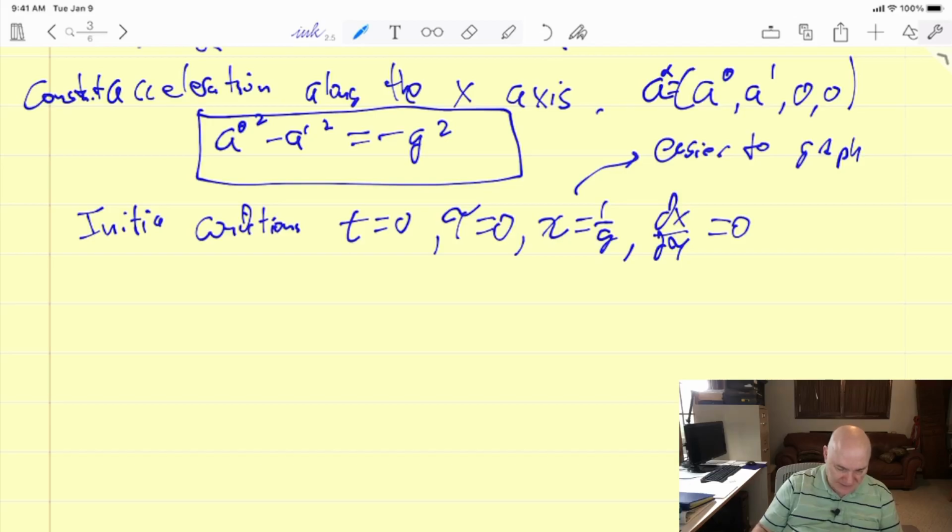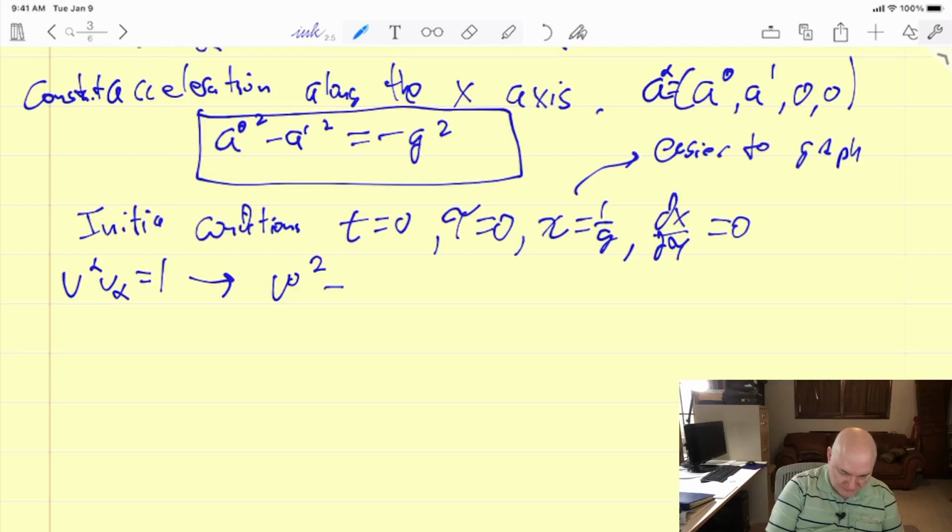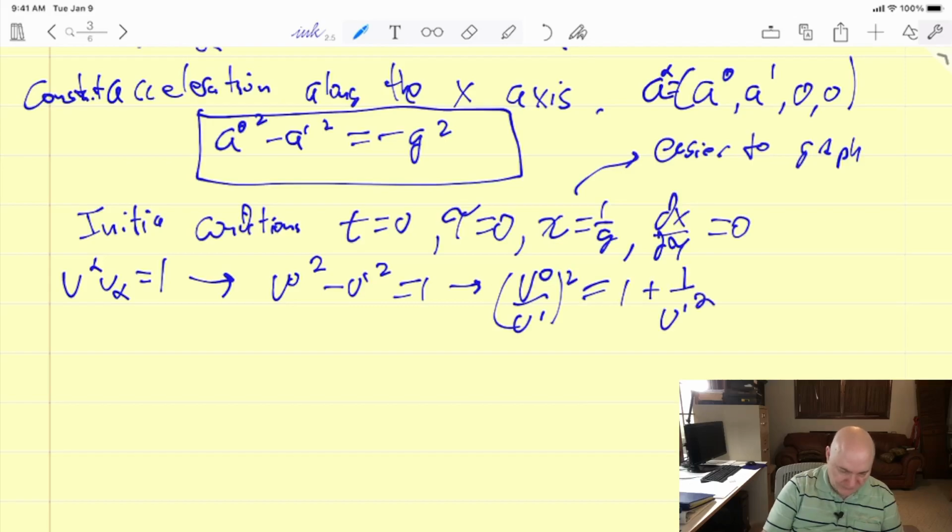Okay, now let's solve the problem. u alpha u alpha equal 1 implies u0 squared minus u1 squared equal 1. And I'll need that a little later in the form u0 over u1 squared. I'm dividing by u1 squared. That gives me a 1 here, and then I'm transposing it to the other side: 1 plus 1 over u1 squared.